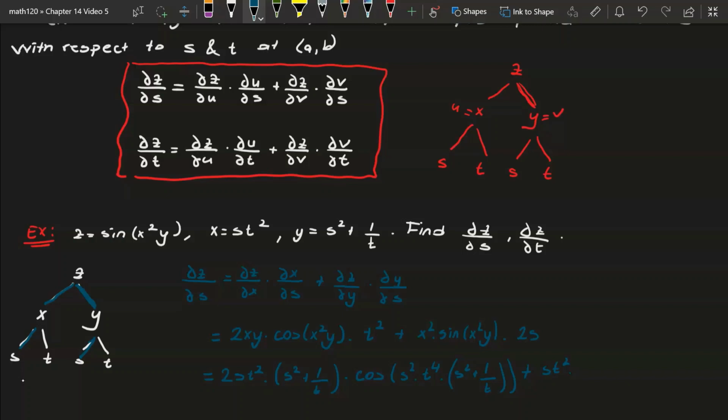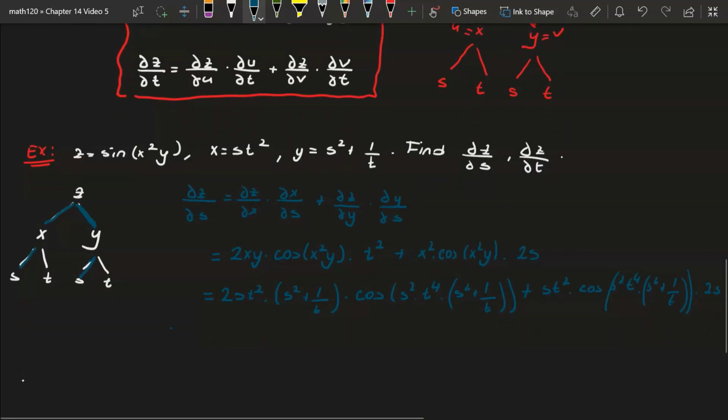We should take the derivative of sine x squared y with respect to y. It would be x squared times cosine x squared y, cosine of s squared t to the 4th times (s squared plus 1 over t) in parentheses, times 2s. Of course, you can write it in a simpler form.